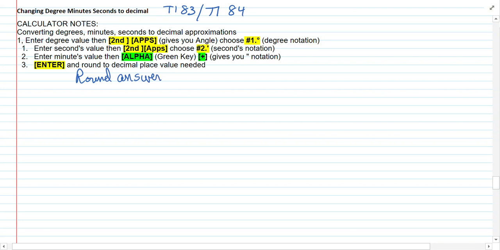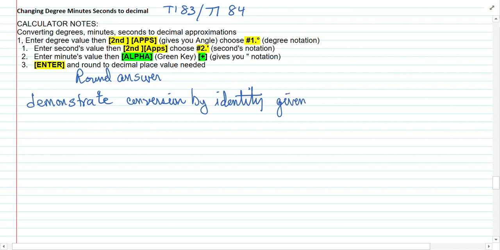Now I'm going to work it both ways. I'm going to demonstrate conversion by identity given above, so that you can get the full impact.